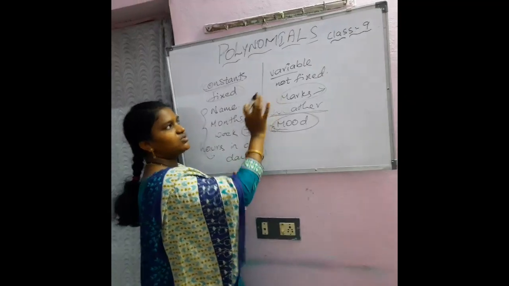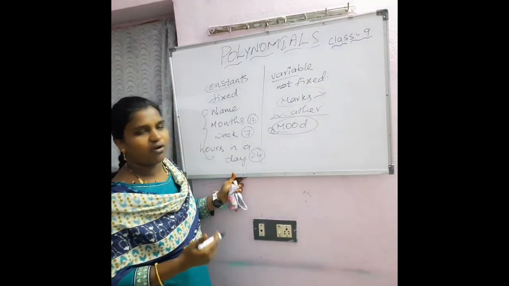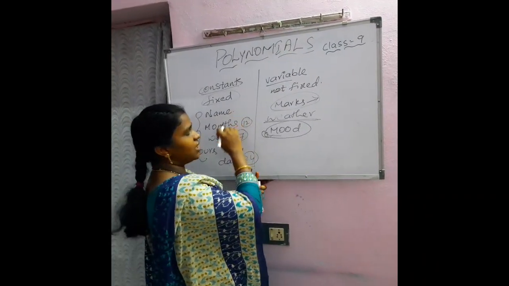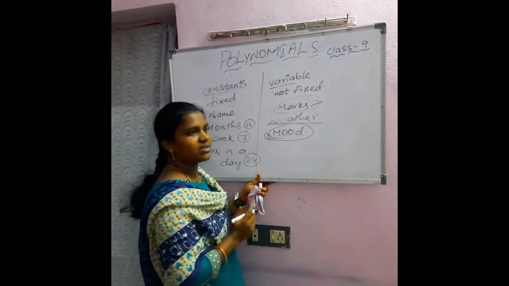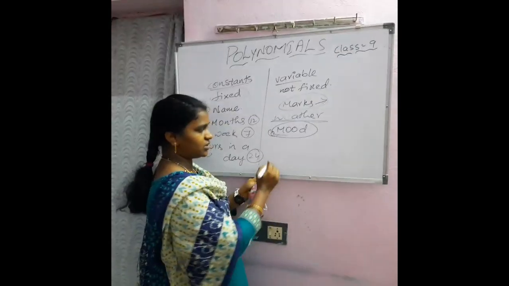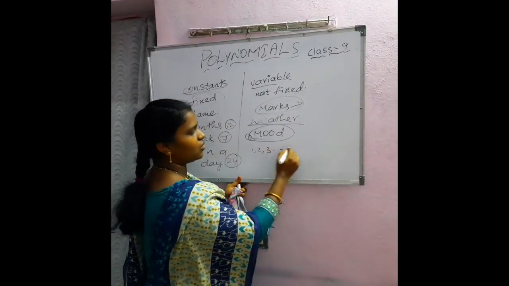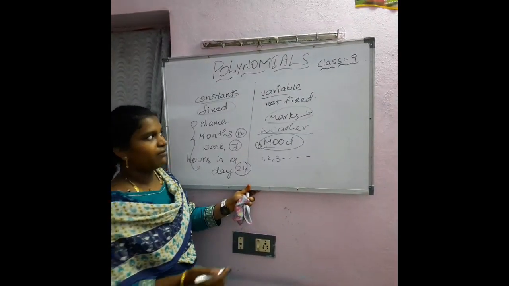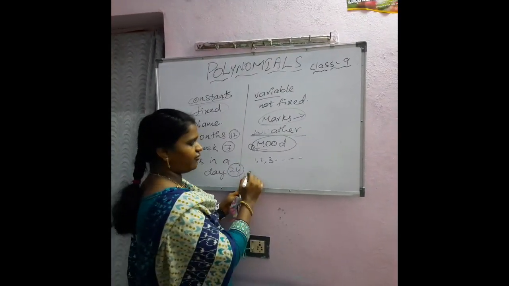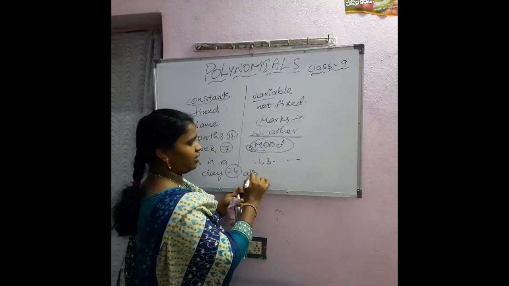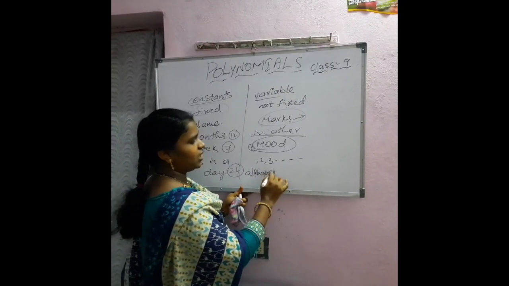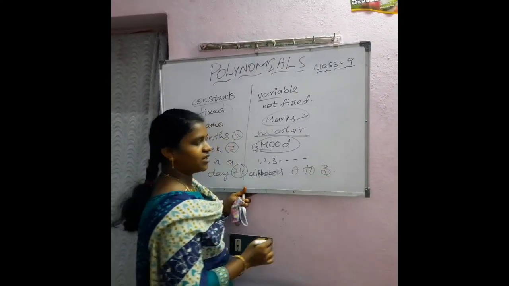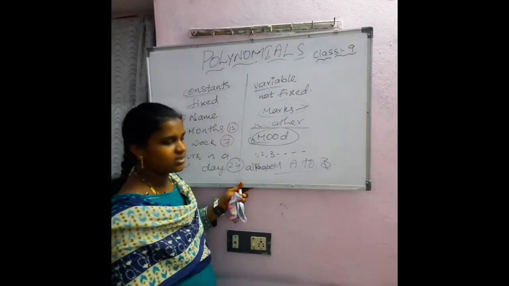By using these constants and variables, we can form a term. Mathematically we can say that constants are numbers like 1, 2, 3 and so on. In the constant place we take the numbers 1, 2, 3, whereas for variables we use alphabets, that is A to Z. Whatever we take as alphabets can be considered variables.